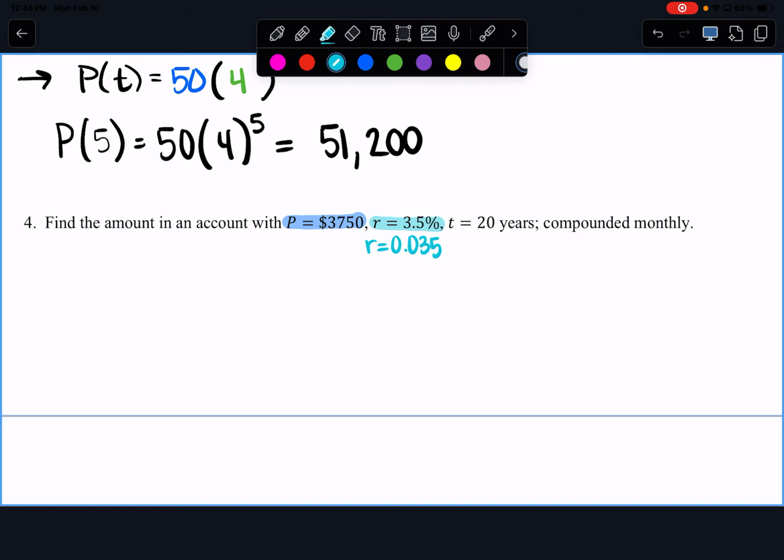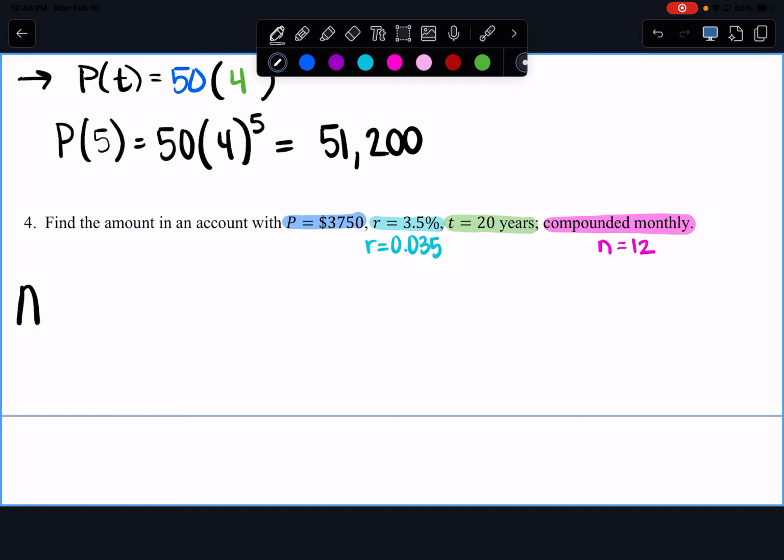Then we have our time in years. How many years is it? 20. And then how many times is it getting compounded? Monthly. So if it is getting compounded monthly, what is N going to equal? 12. And that is what we plug into our equation.